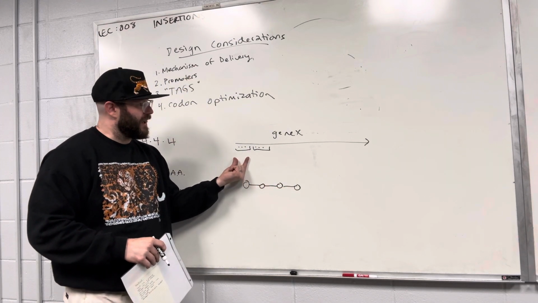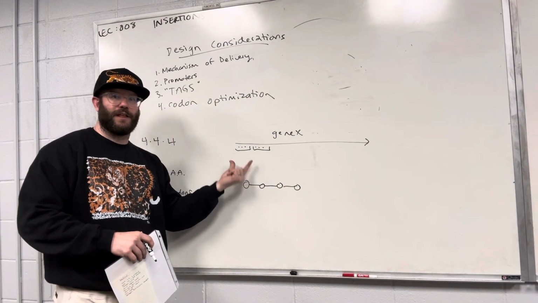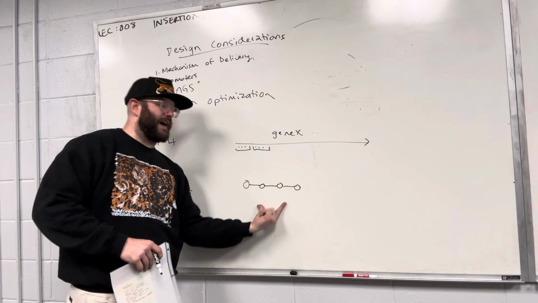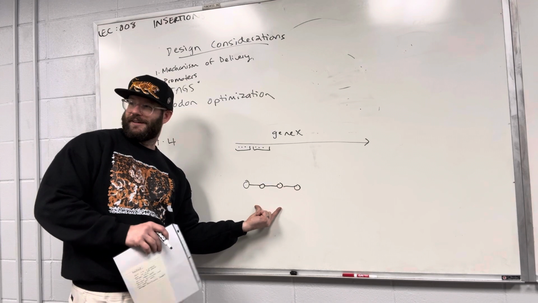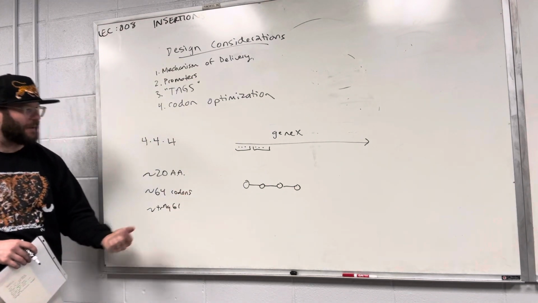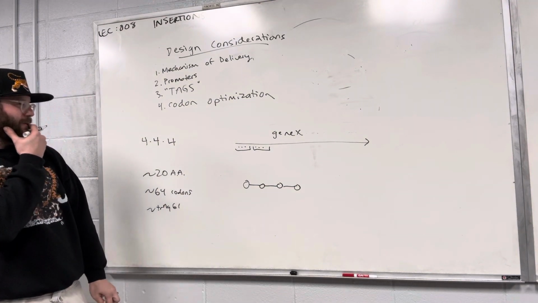And so you can pick at each of these codon positions the most abundant codon for that particular organism. And so you can change the DNA sequence without changing the protein sequence. Does that make sense? Okay, that's codon optimization. Are there any questions about that?